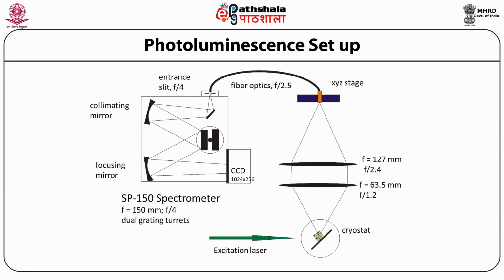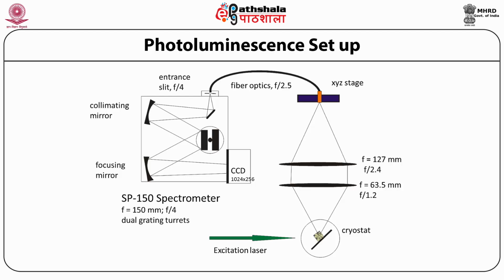So this is the schematic showing a photoluminescence setup. Now we have this optical setup consisting of the entrance slit, which is f/4, the collimating mirror and a focusing mirror. This entrance slit is connected through a fiber optic to the XYZ stage.